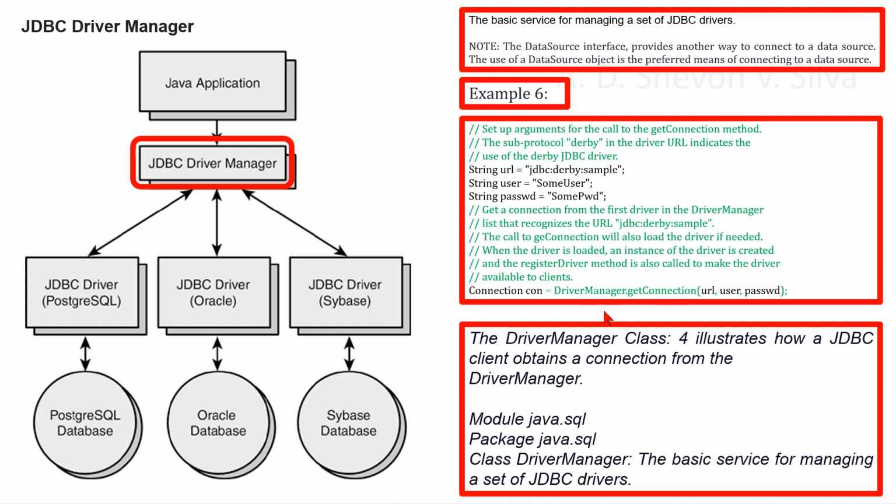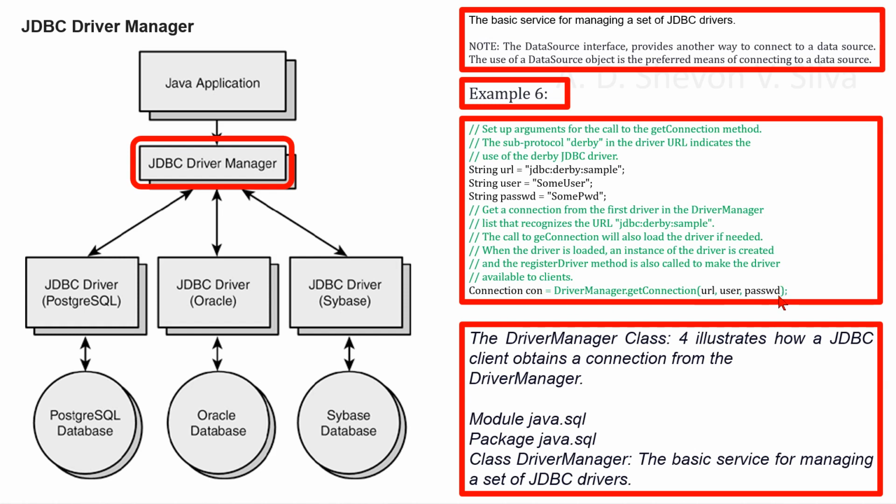Key DriverManager methods include registerDriver. This method adds a driver to the set of available drivers and is invoked implicitly when a driver is loaded. The registerDriver method is typically called by the static initializer provided by each driver. getConnection is the method the JDBC client invokes to establish a connection.